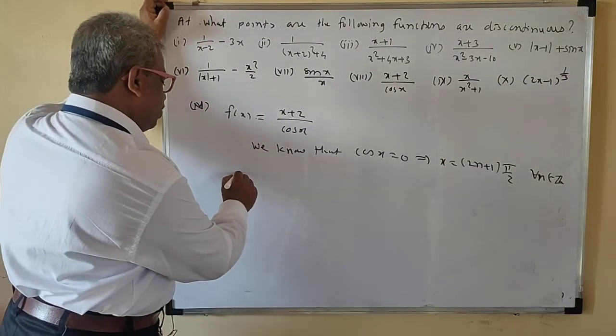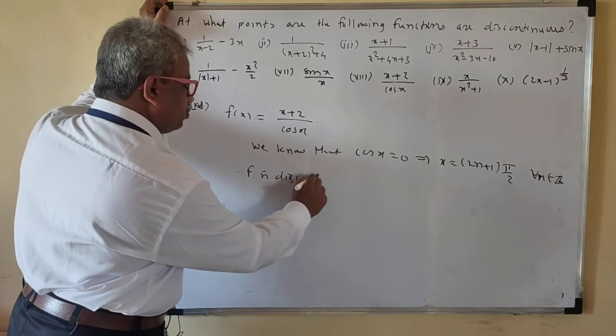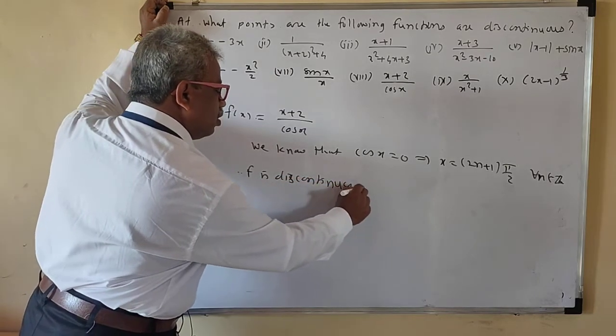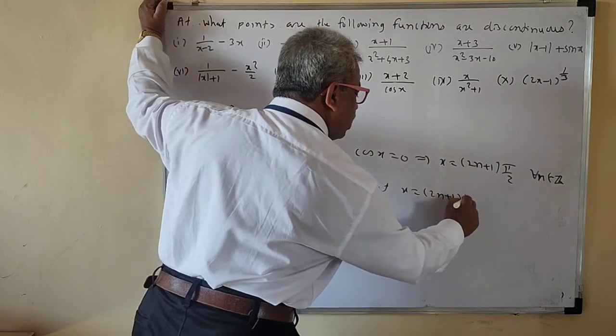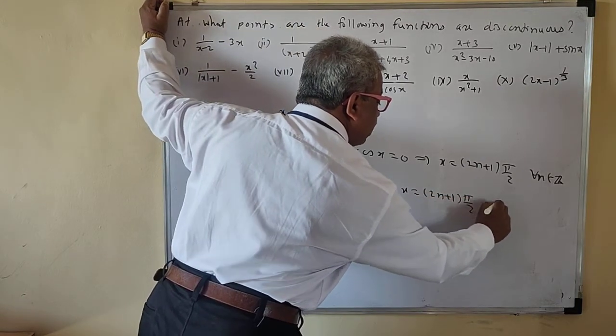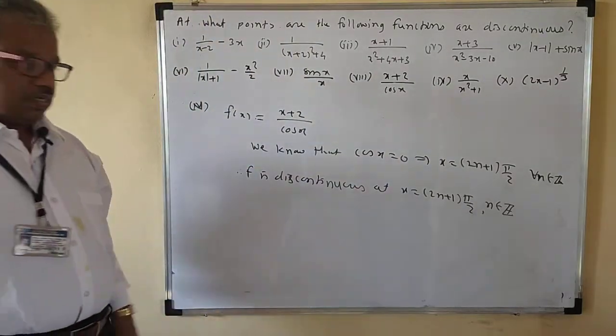So therefore f is discontinuous at x is equal to twice n plus 1 pi by 2, n belongs to z. These are the points of discontinuity.